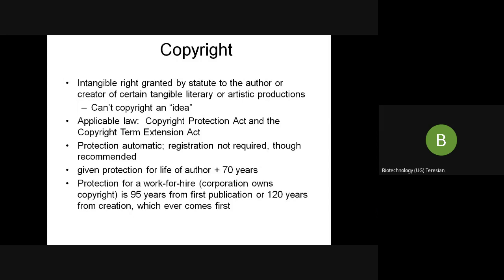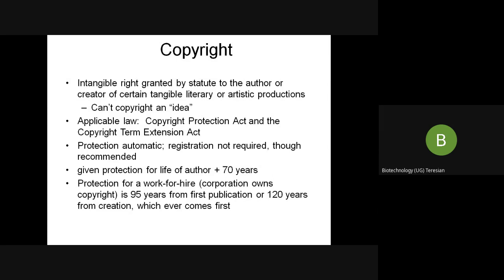For example, if the author passes away at 60 years, he gets the copyright for his life plus 70 years. This copyright protection is different in different countries.